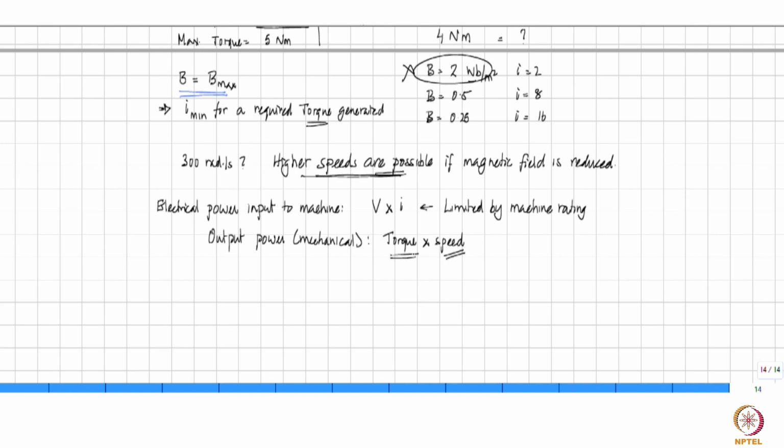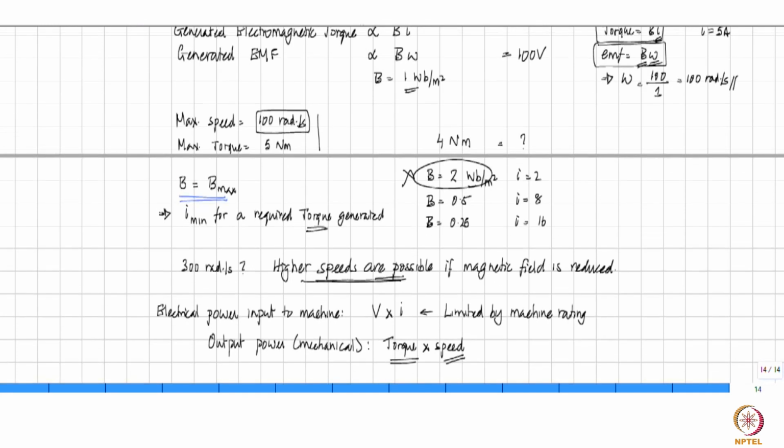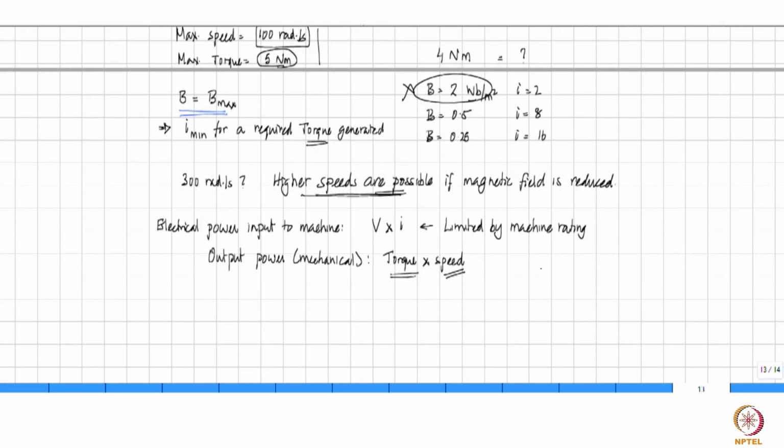Let us say that in this condition, the maximum torque that the machine can generate is 5 Newton meter. If you want the machine to still generate 5 Newton meter at a speed equal to 300, you are looking at 1500 watt of output delivered from the machine.